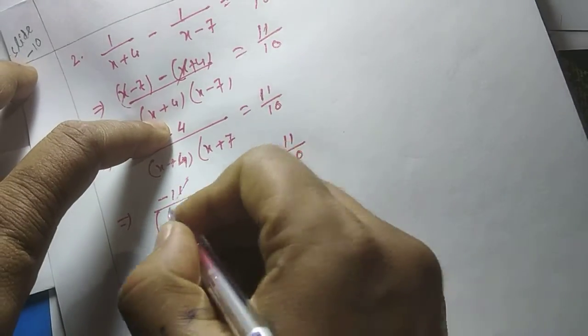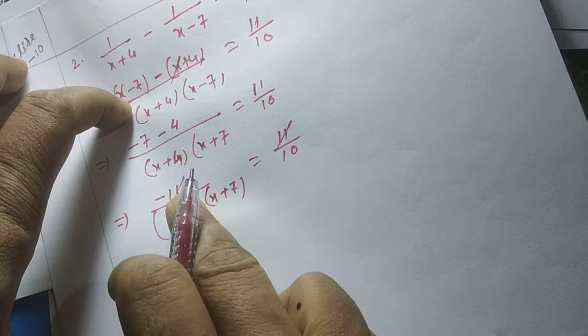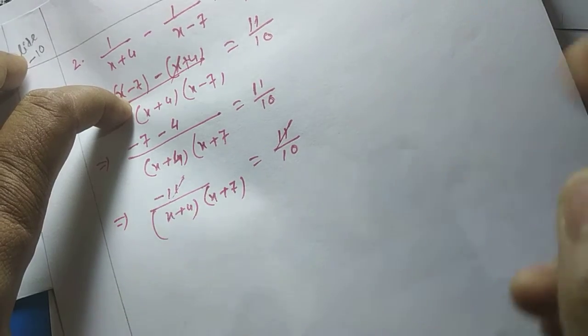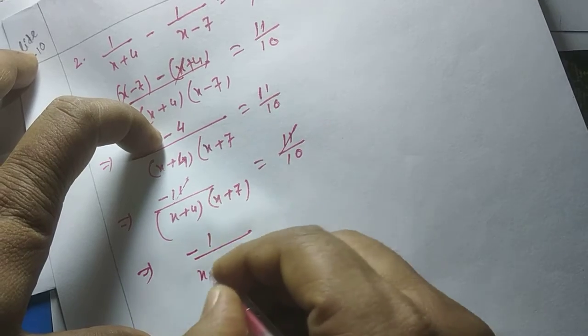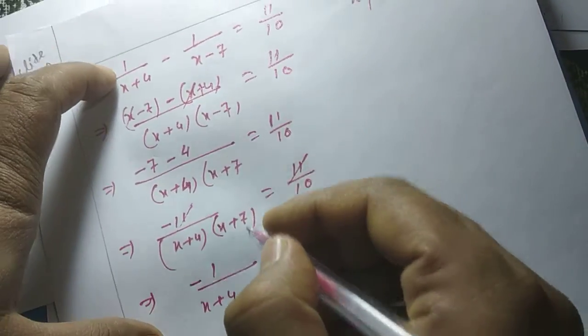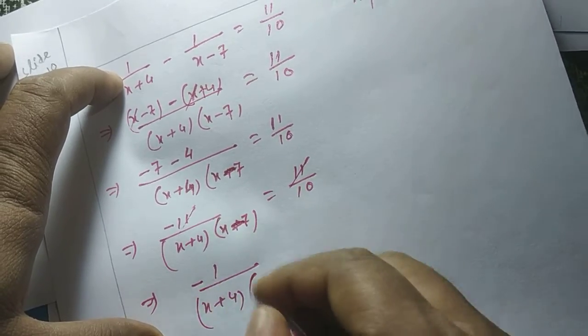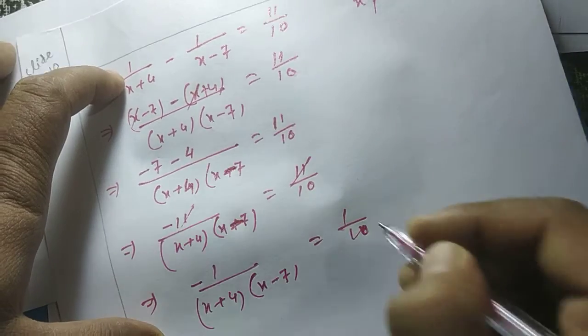Now this 11 will be cancelled. Why? Both are the same and they are on both sides, so they can be cancelled by dividing by 11 on both sides. Ultimately it becomes minus 1 by (x plus 4)(x minus 7) equal to 1 by 10, right?